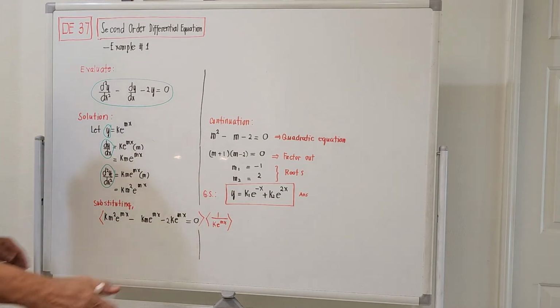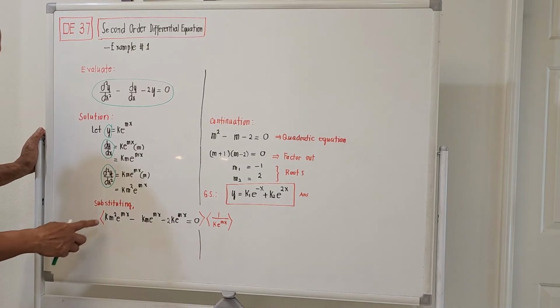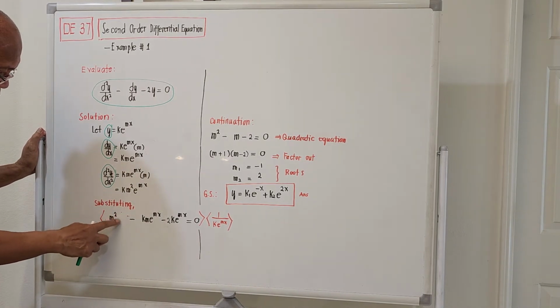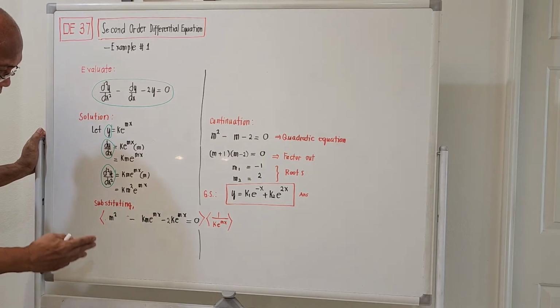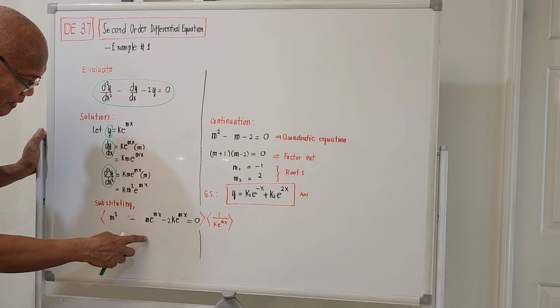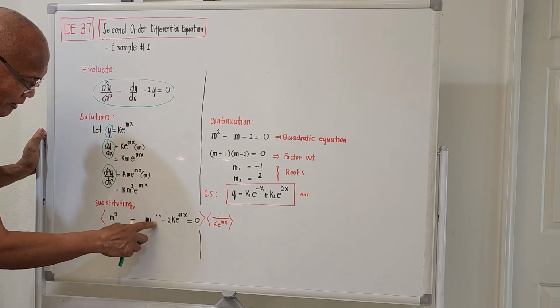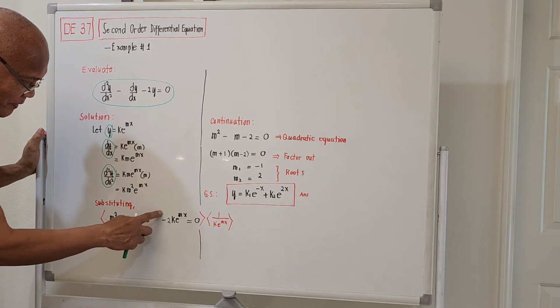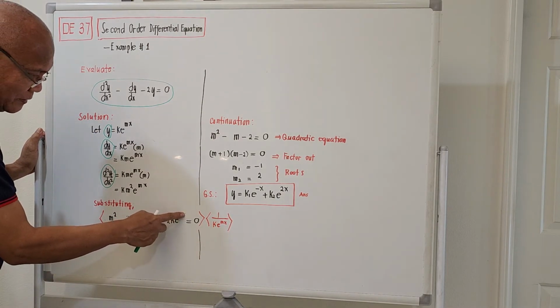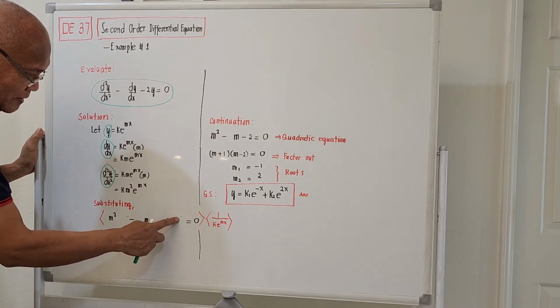If we expand this, the first term will be gone. In the second term, the k will be gone and the e to the mx will be gone. And for the last part, this will be gone too.